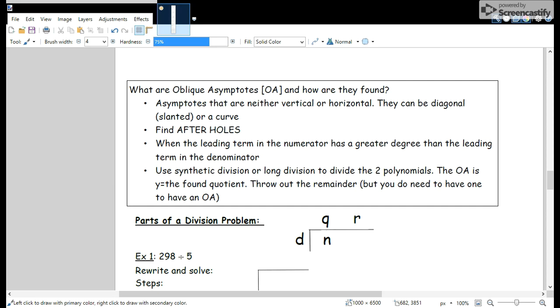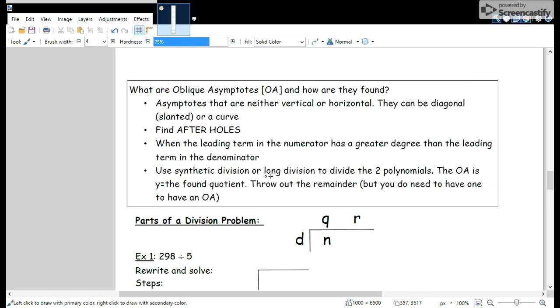What are oblique asymptotes and how are they found? Asymptotes that are neither vertical or horizontal. They could be diagonal or a curve. You find these after finding the holes. When the leading term in the numerator has a greater degree than the leading term in the denominator is when you would have one of these.